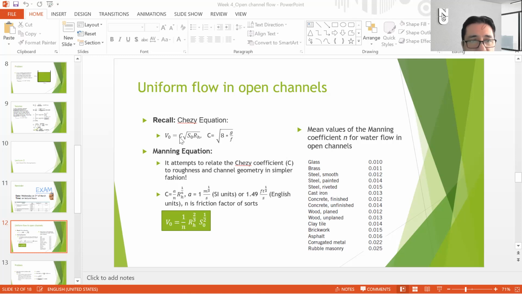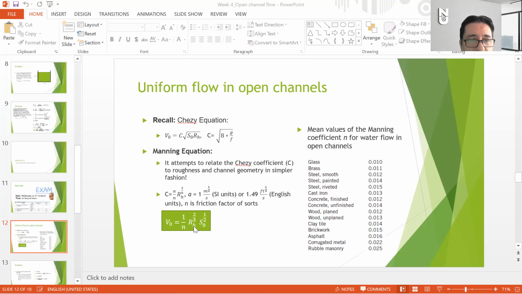If I provide you the Chezy coefficient, then you are going to solve the problem using the Chezy equation. So I will most probably never tell you which equation to use. Instead, I am going to provide you the constant. If I provide a constant for C, then you should decide that the equation to use is Chezy. If I provide a Manning coefficient, then you are going to use the Manning equation.